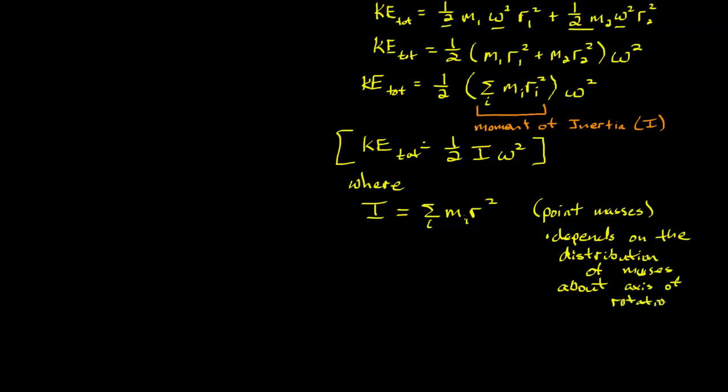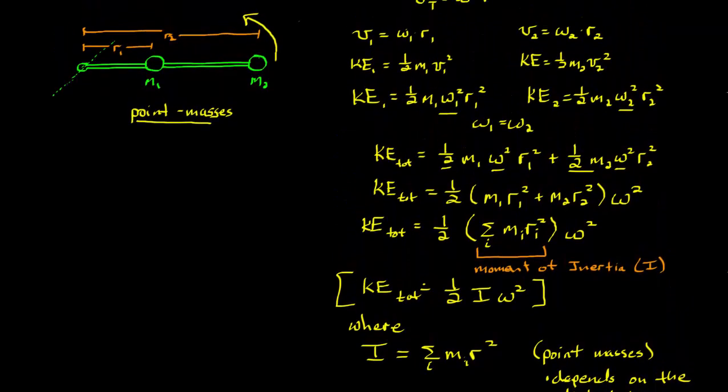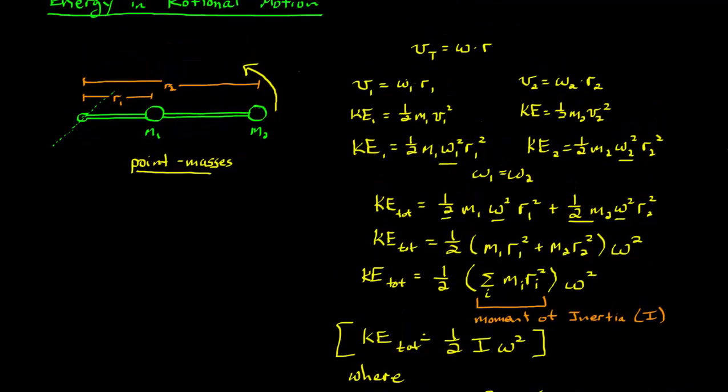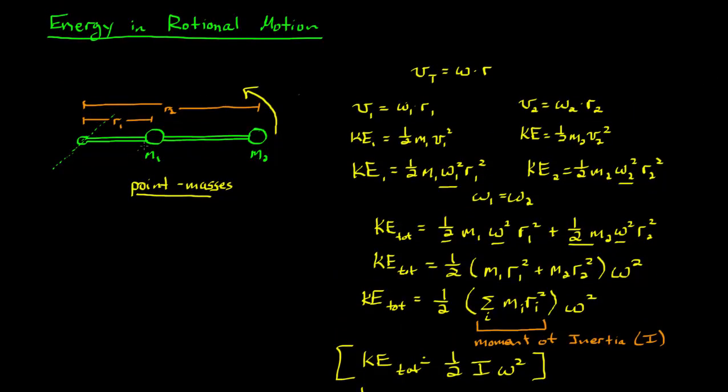What does that mean, though? So let's go back to our picture. So we kind of know what inertia is from our study of Newton's laws, and that's just a resistance to acceleration. So it's the same thing here for rotational motion. The rotational inertia is a resistance to change in angular velocity.